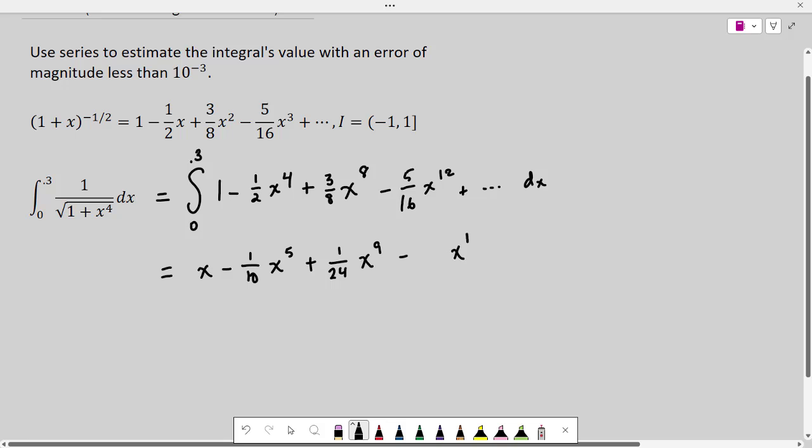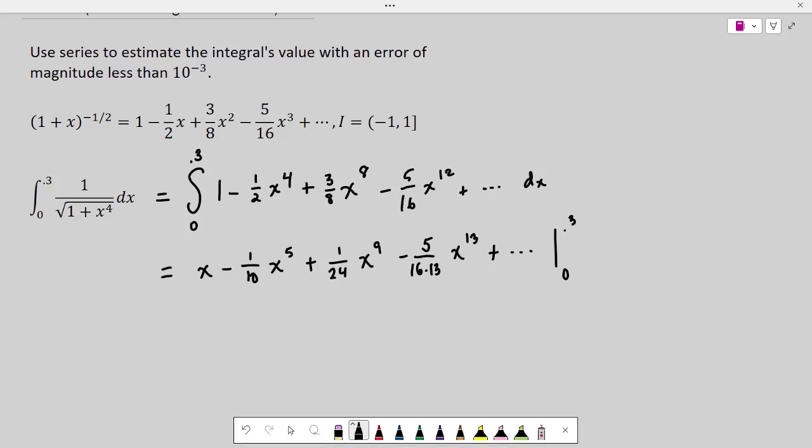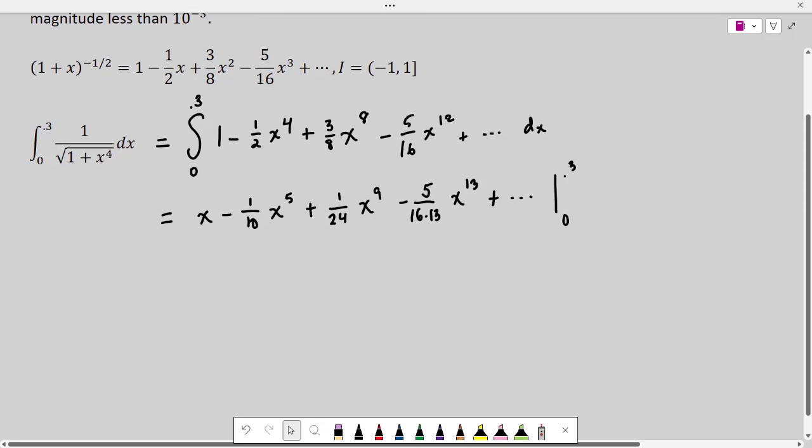This will be x to the 13, 5 over 16 times 13, which we already did earlier today. So we get that. And this will go from 0 to 0.3. The 0 is going to contribute nothing.